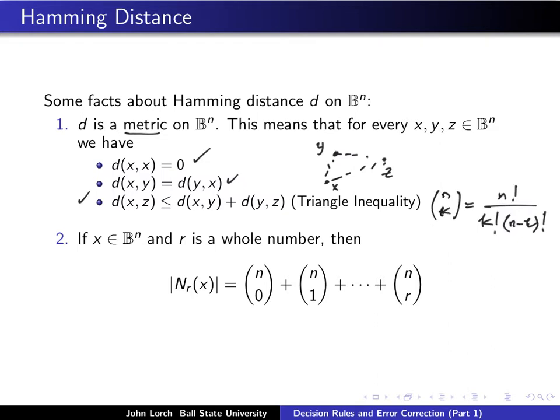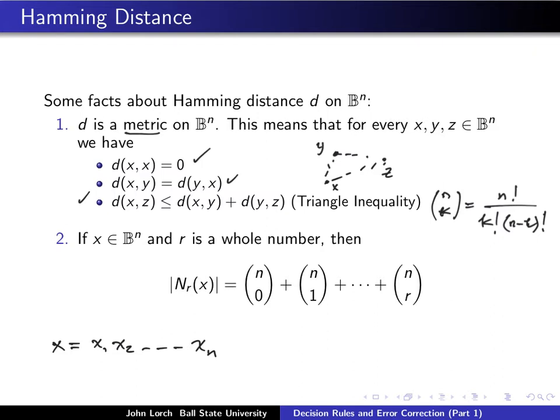All right, now why should this be the case? So imagine we have a string x, and it's x1, x2, down through x sub n. This neighborhood consists of all of the strings that are of distance r or less from x.